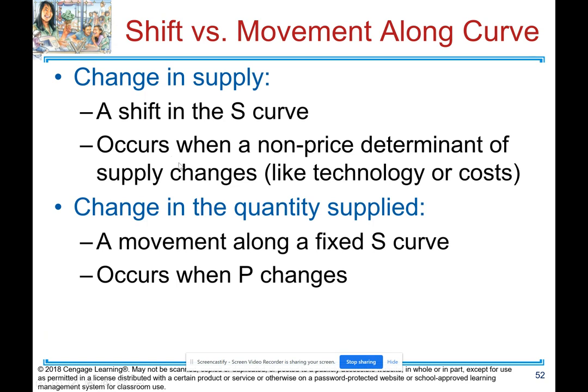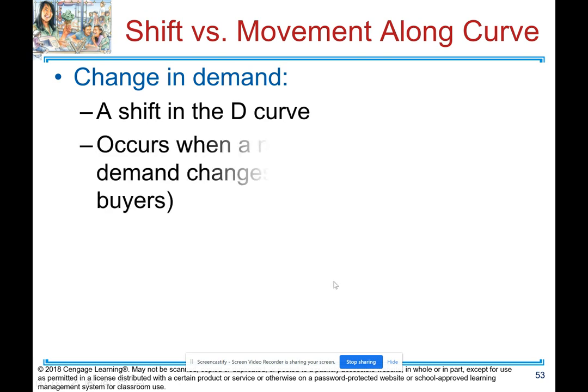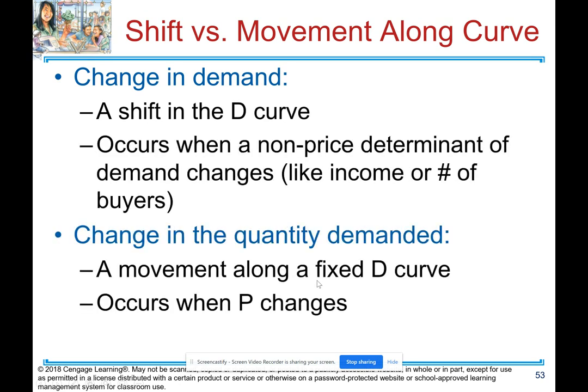Changes in supply. A shift in the supply curve occurs when a non-price determinant of supply changes, like technology. A change in the quantity supplied, a movement along a fixed supply curve, occurs when price changes. Changes in demand.